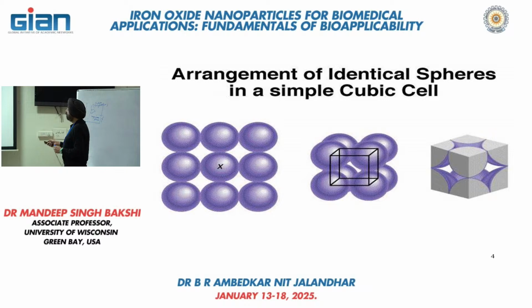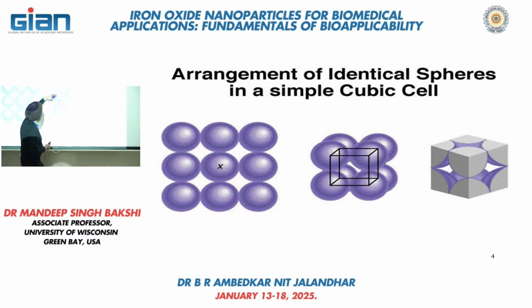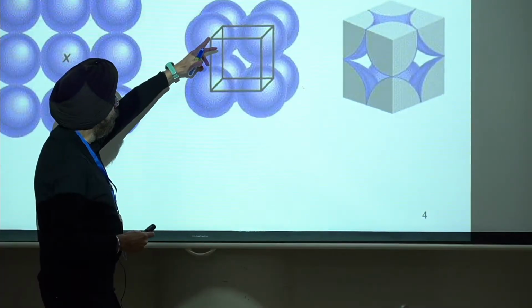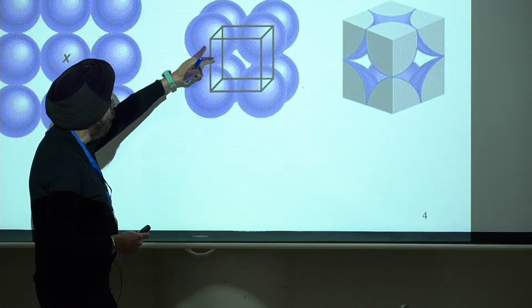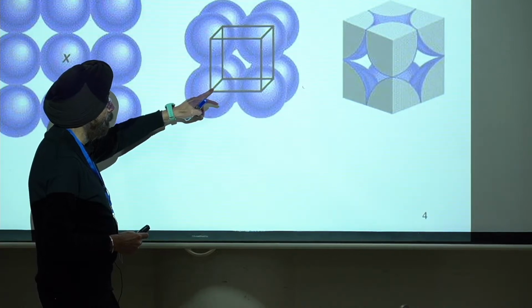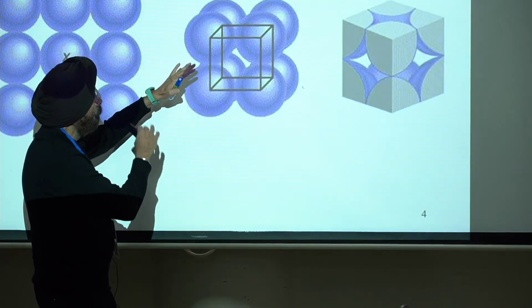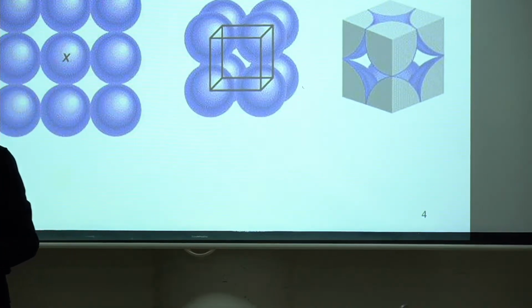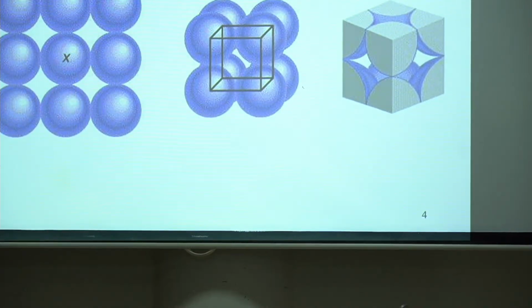A simple cubic unit cell is the arrangement of the atoms. You may consider there is one layer of atoms, and there is another layer of atoms where one atom is exactly placed on the atom below, and this repeating unit repeats along the x-axis, y-axis, and the z-axis.